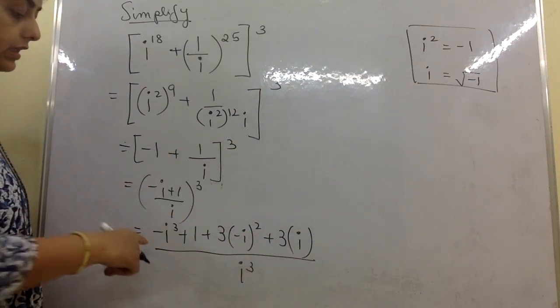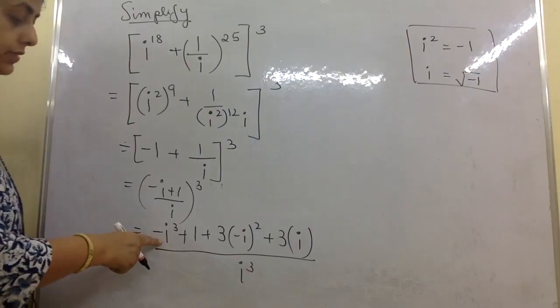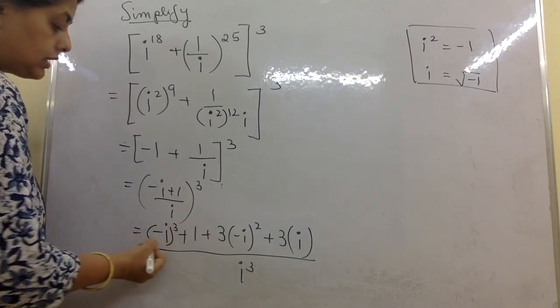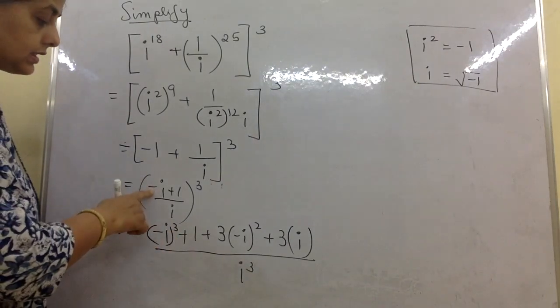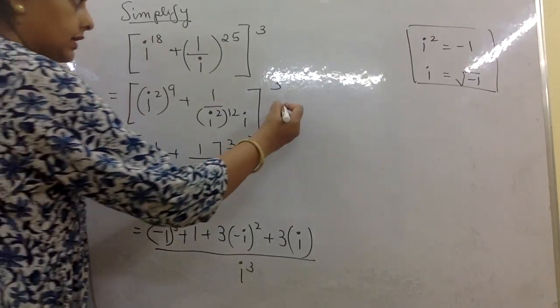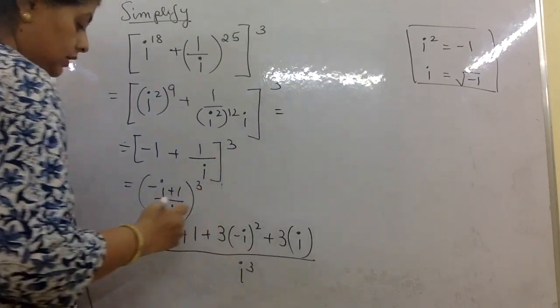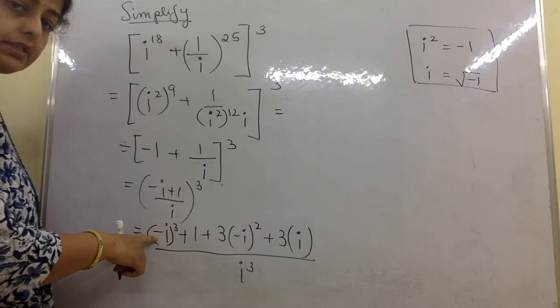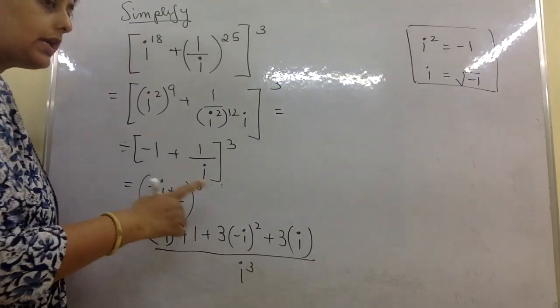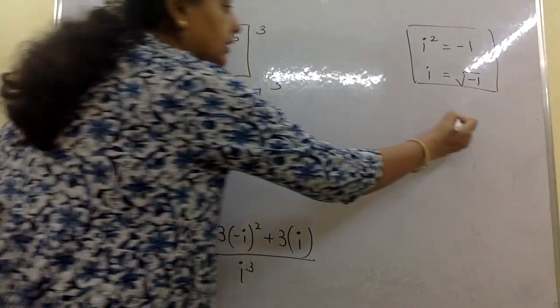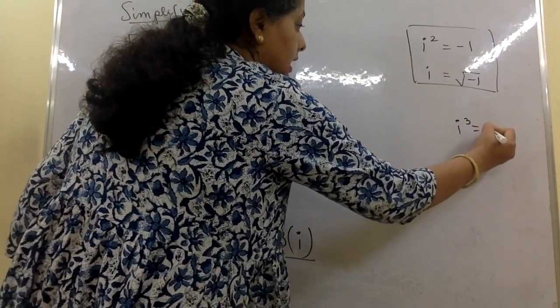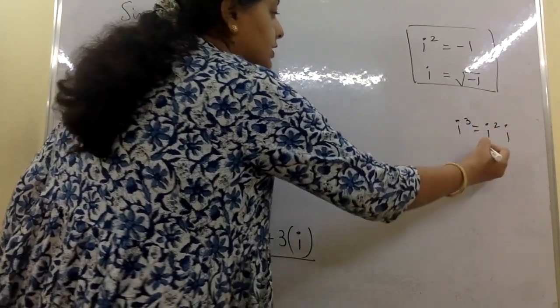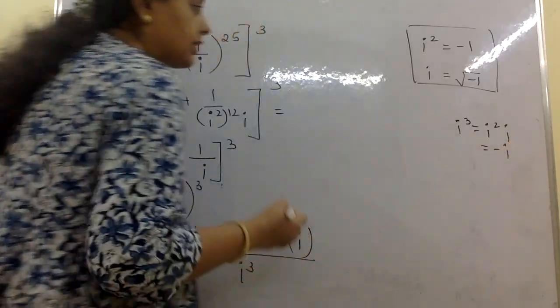Now what to do? I'll have to work on this. Now this minus i cube has to be like this, okay, because this is a, which is equal to minus remains minus only, okay, and i cube is i square into i, which is minus i, okay.